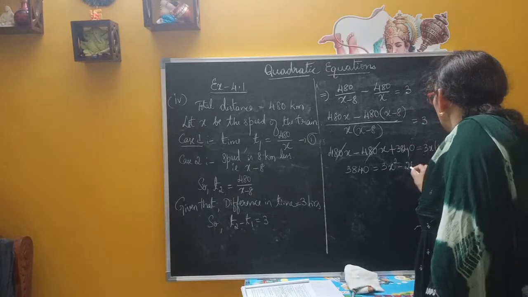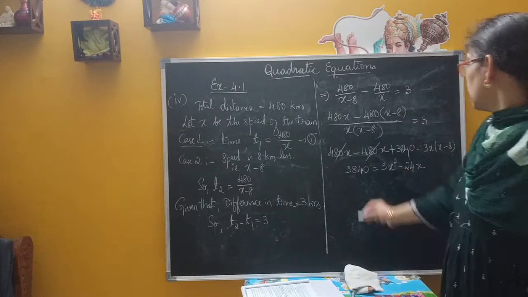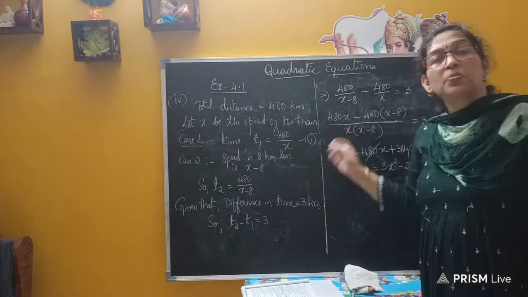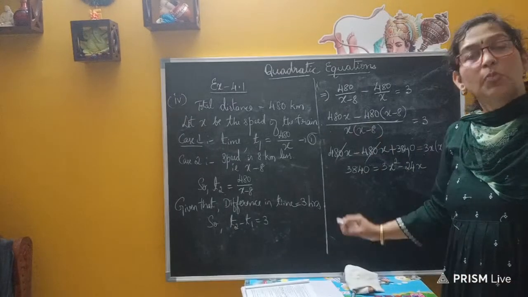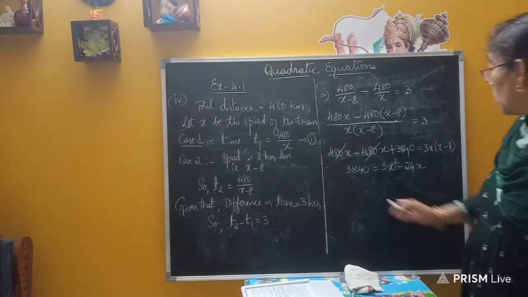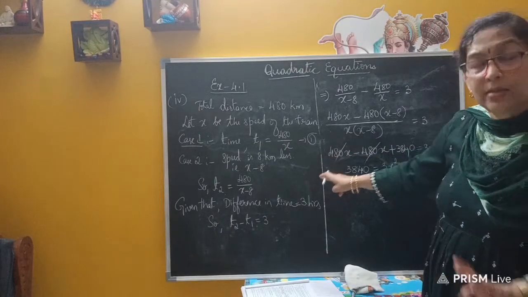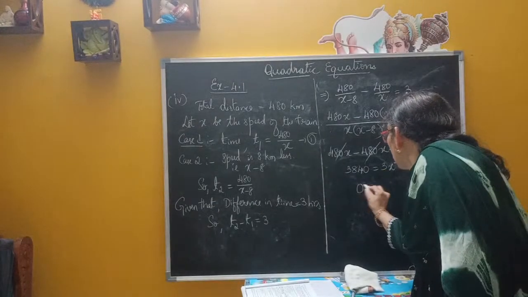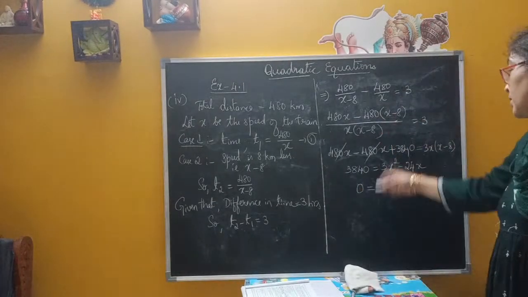On the right side, multiplying, 3x into x is 3x square minus 3 8s are 24x. Either 0 is equal to ax square plus bx plus c, or ax square plus bx plus c is equal to 0. Both are the same, whether 0 comes on the right side or left side doesn't matter. So I write 0 here and bring this to the other side.